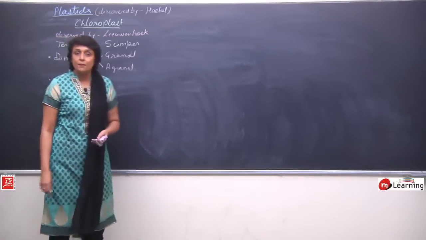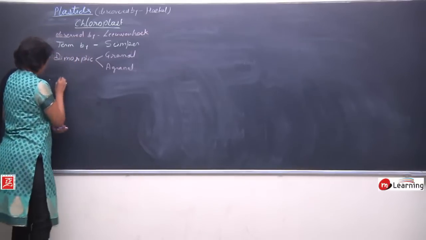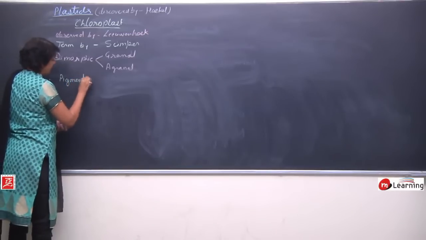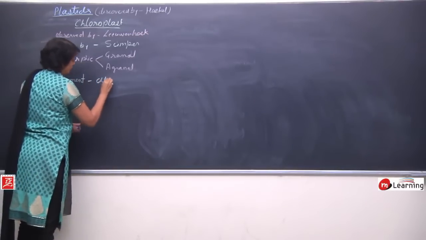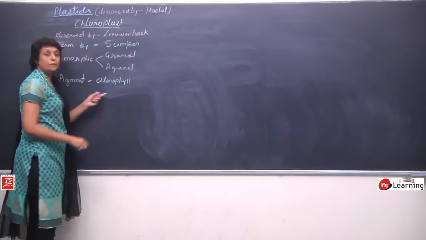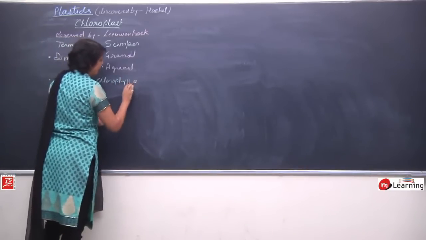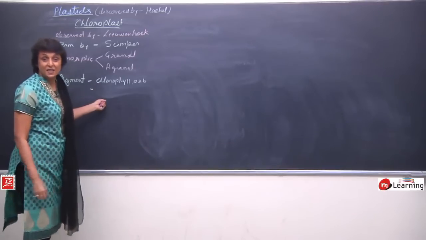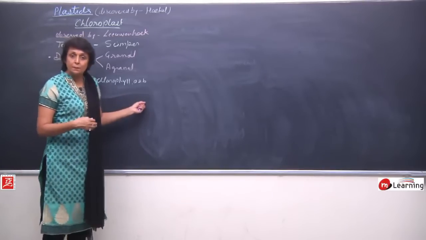Chloroplast contains the green pigment chlorophyll. So the pigment which is found is chlorophyll. These chlorophyll are of various types, but mainly A and B. Plus there are other accessory pigments. Accessory means helping pigments.